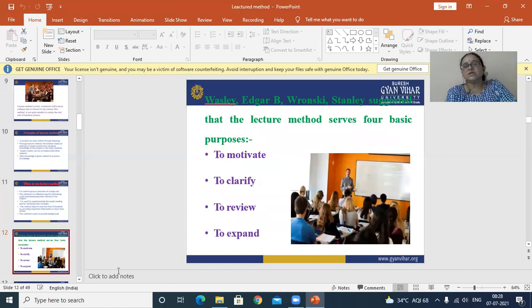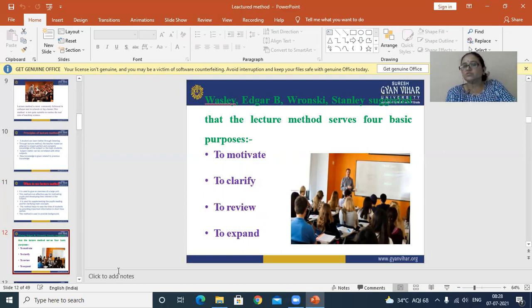Vasley, Idiger, B. Wronski, Stanley suggest that the lecture method serves four basic purposes: to motivate, to clarify, to review, to expand.